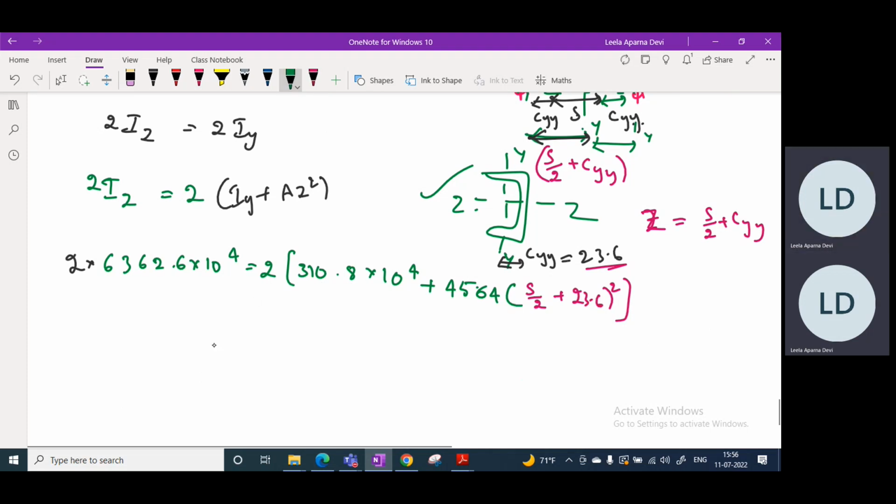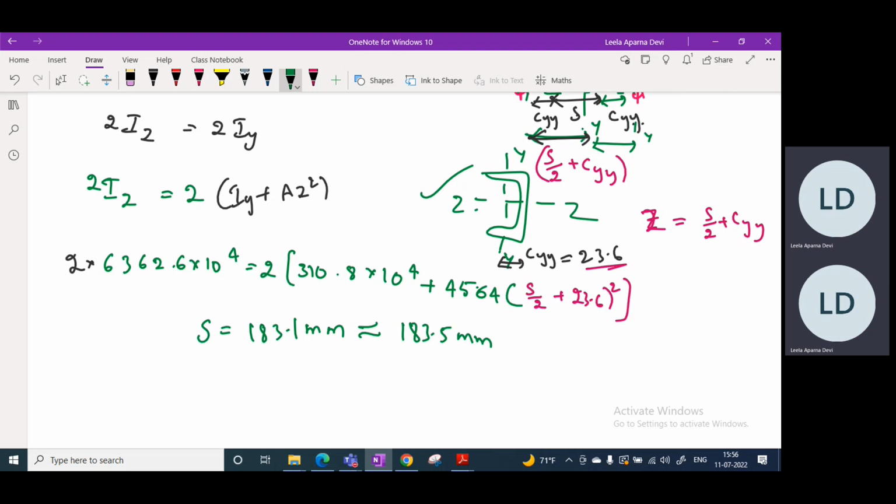Okay. So by equating these two, the S value which we got is 183.1 mm. So I am assuming 183.5 mm of space between those two channels.